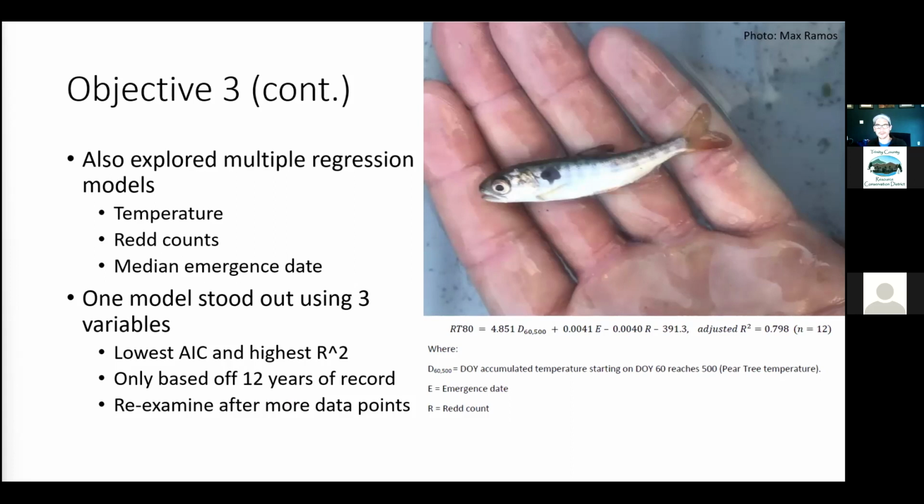That had an R-squared of almost 0.8, but unfortunately it only uses 12 years of record, and using 3 variables on 12 years of record is not generally a good idea. So we should definitely re-examine this once we get some more data points.